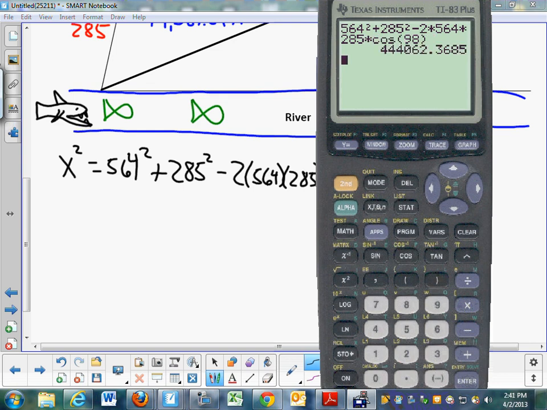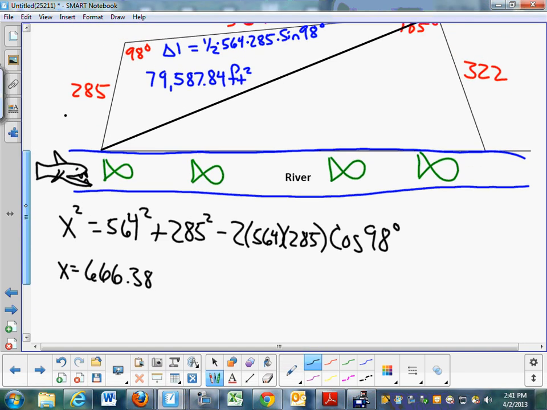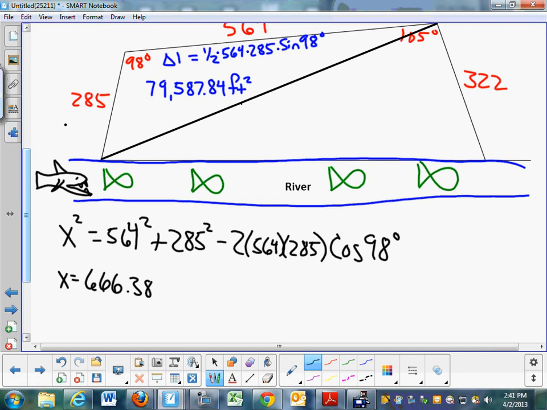Done. Oh boy, 444,000. What do I have to do? Square root it. Square root of your answer, and you got 666.38. Bad number. At this point, some people wanted to quit and say the problem was cursed.